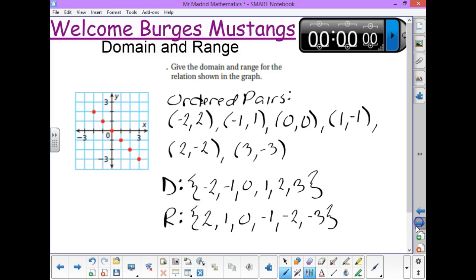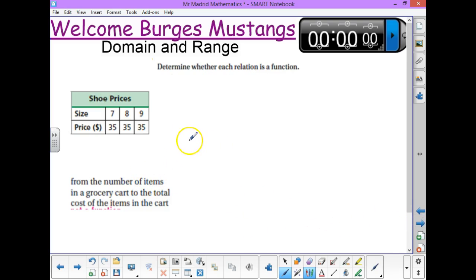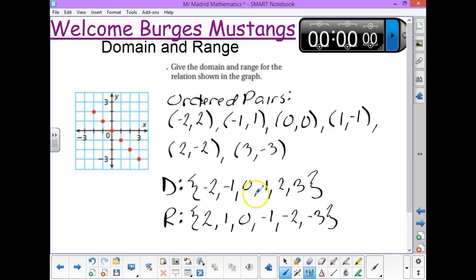Now, a special note, these are your x values, and these are your y values. I guess while we're on the topic, we can also call this your input and your output.